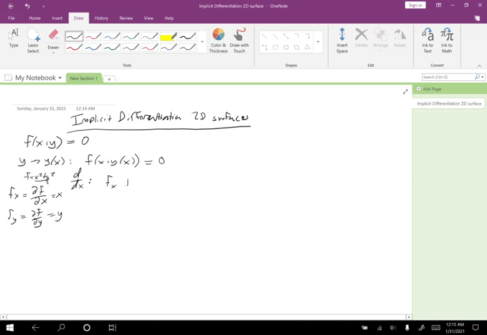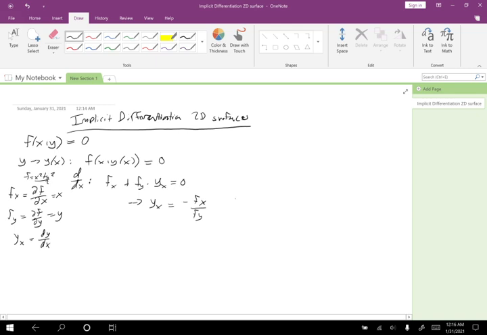So fx plus fy times yx equals 0. That allows you to solve for yx, and again, yx is dy dx. I'm being lazy. If you can make notation that lets you save time, why not? So this gives you fx divided by fy.